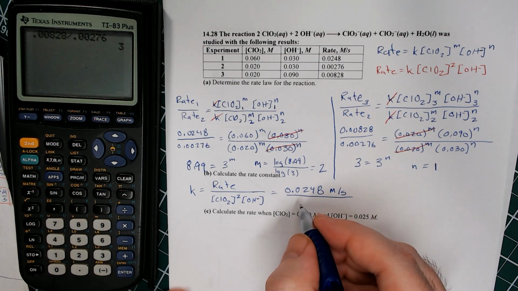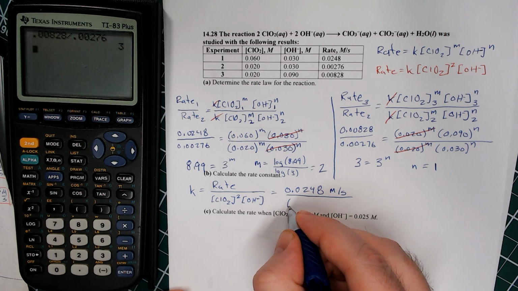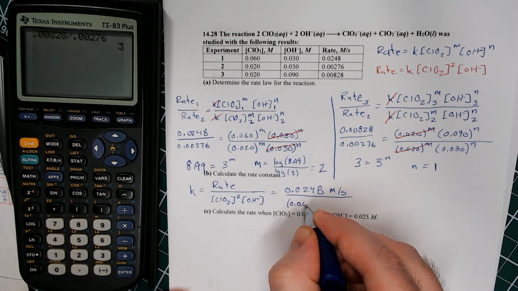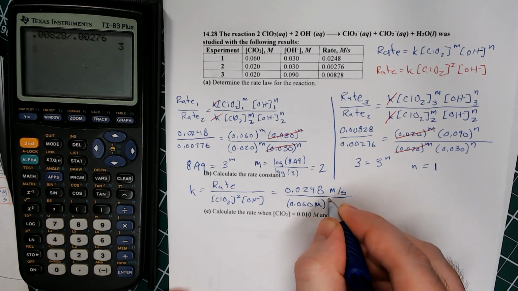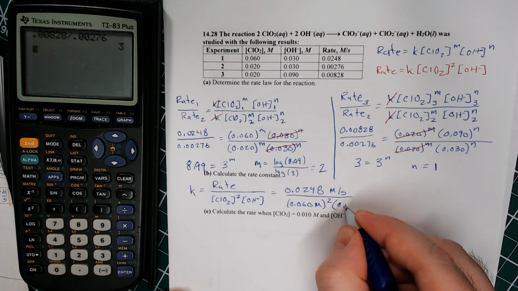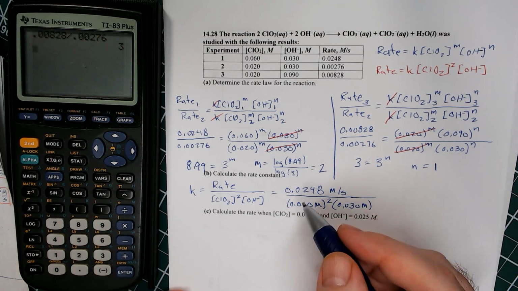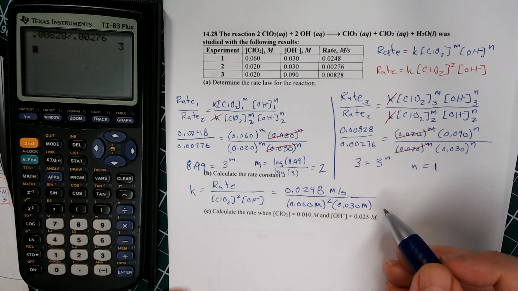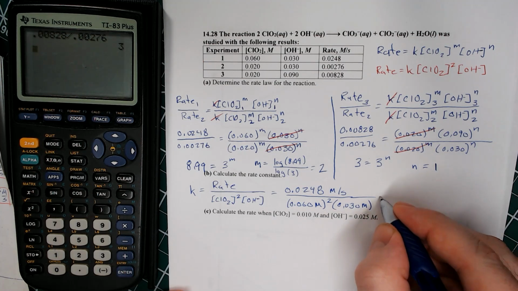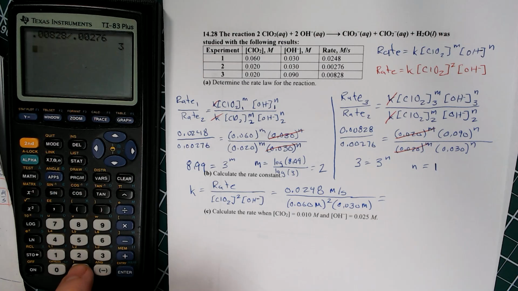For the concentration of chlorine dioxide in experiment 1, it is 0.060 molar squared and 0.030 molar to the first power. And you do need to remember to put those exponents in, because if you don't, you're going to get the wrong answer.